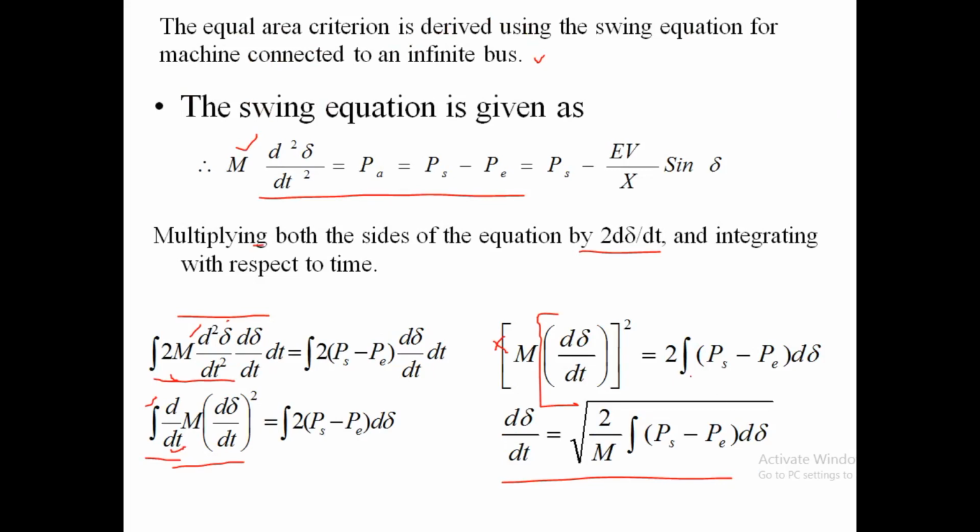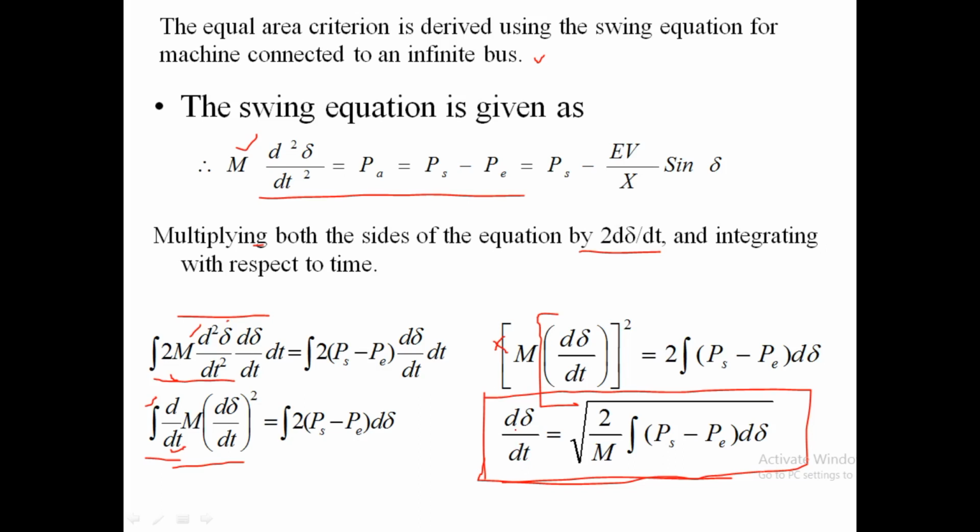So now we are again considering this relation for d delta by dt, which we got from the derivation like this, and we got two points. We consider them as two extreme points. At these extreme points its value becomes 0. This we can apply as the limits of the integration.